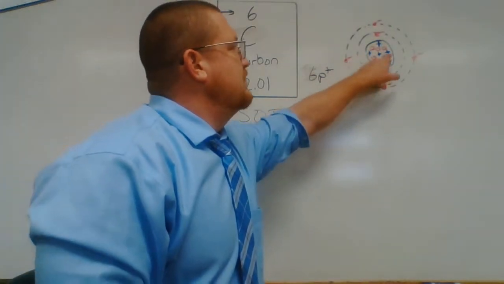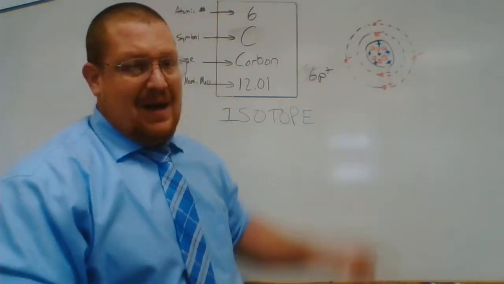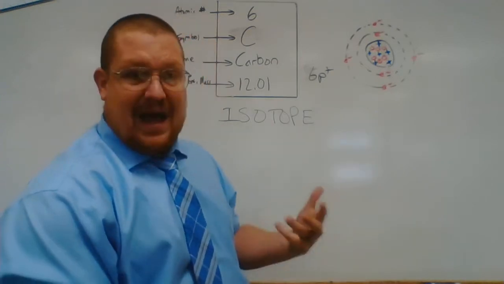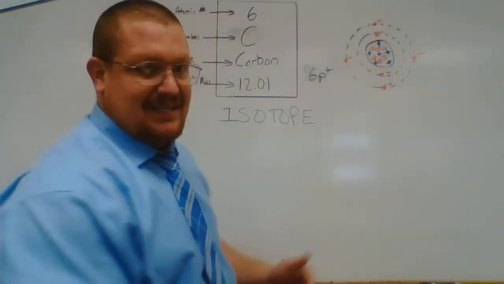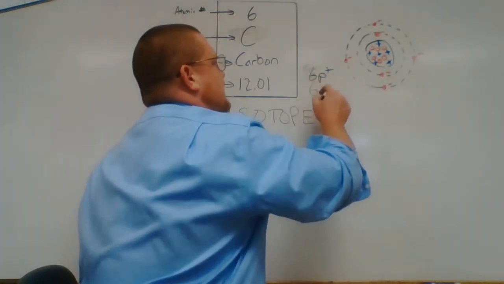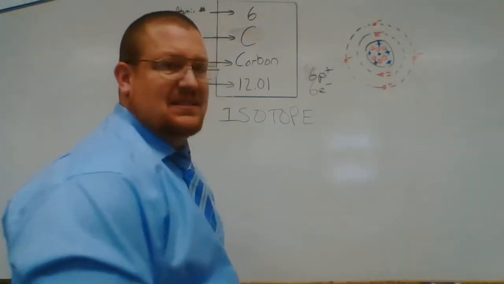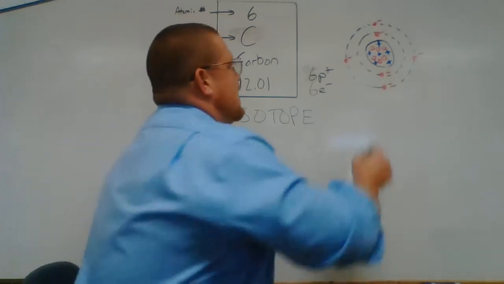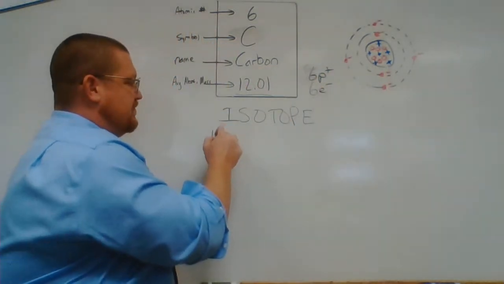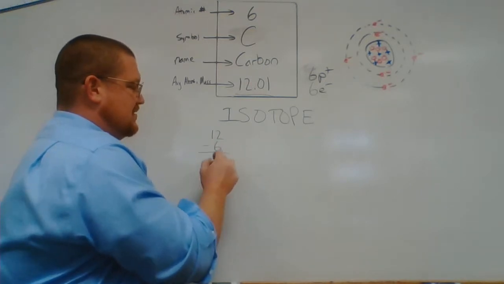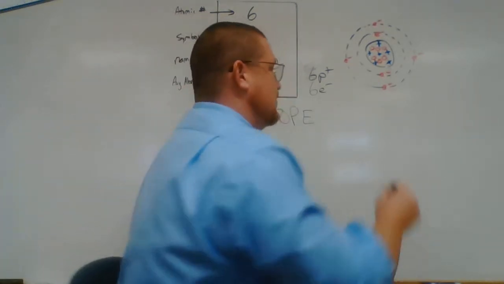If there are 6 positives, then we want a balanced atom. We need 6 negatives to balance it out. So there's 6 protons, 6 electrons, and because the mass is 12, 12 minus 6 equals 6. There are 6 neutrons.